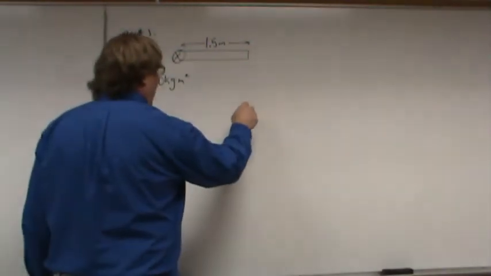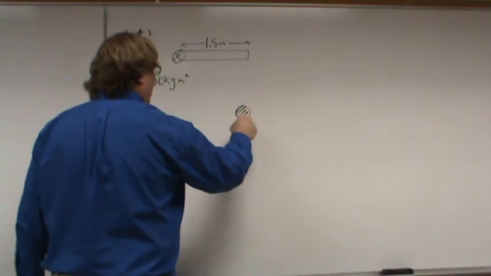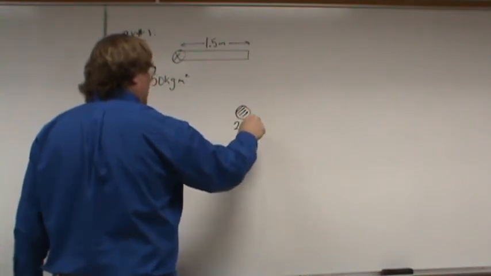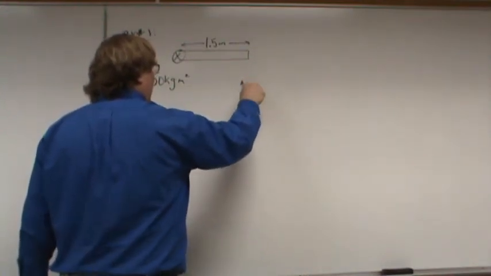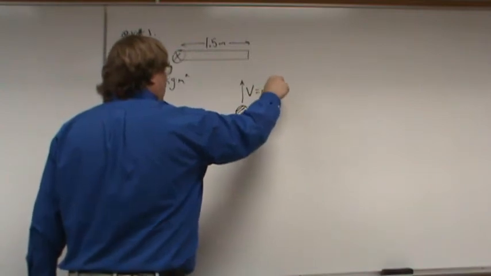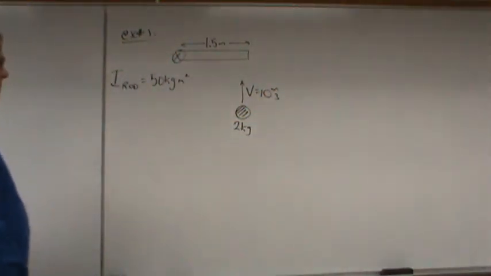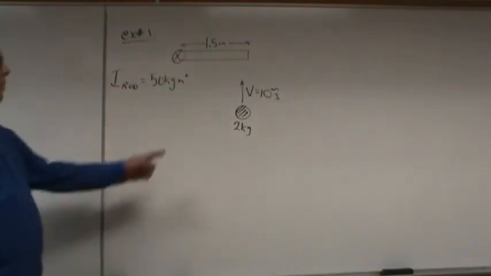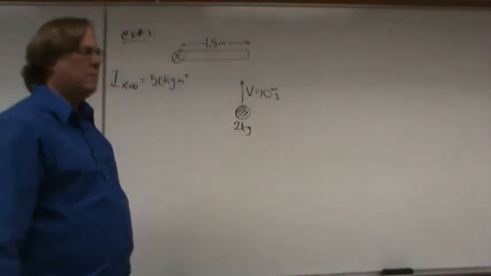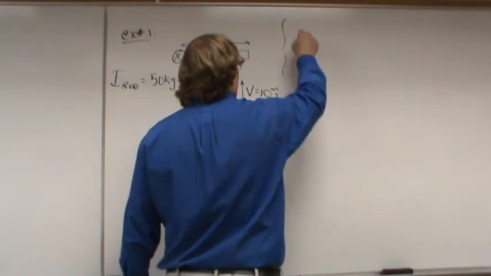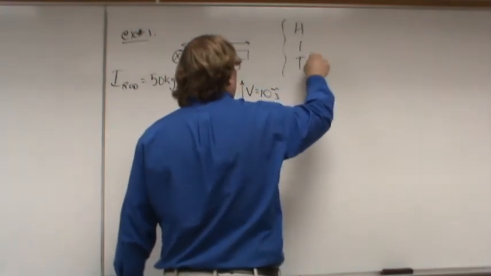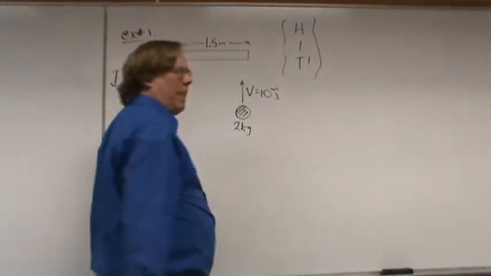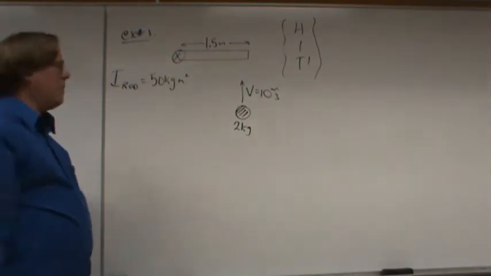I've got a ball, a 2 kilogram ball, and this 2 kilogram ball is going at a velocity of 10 meters per second. That ball's going to hit the rod, and that ball's going to stick to the rod.